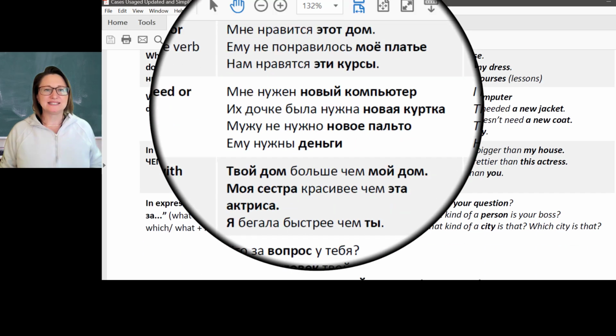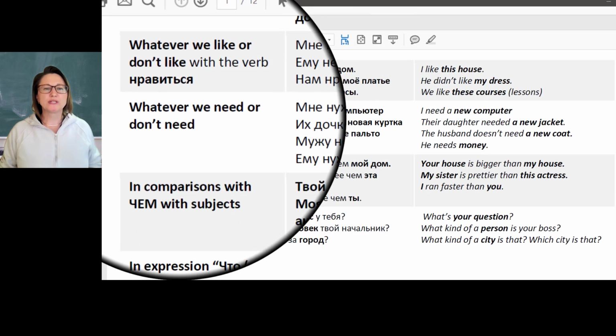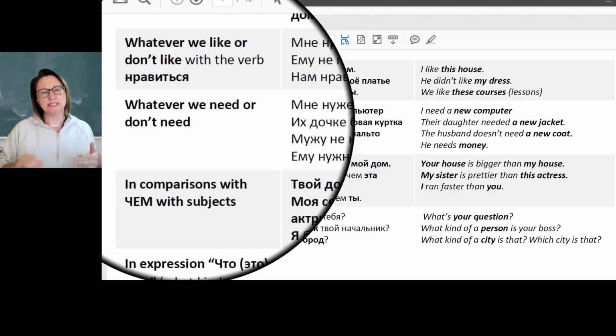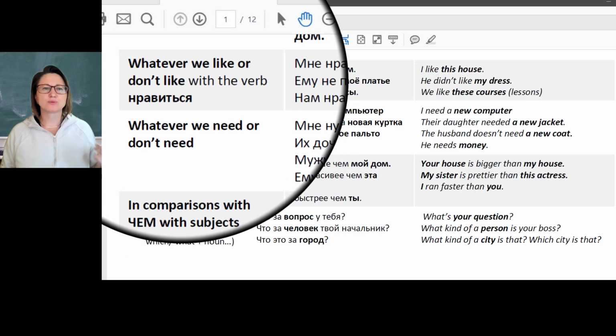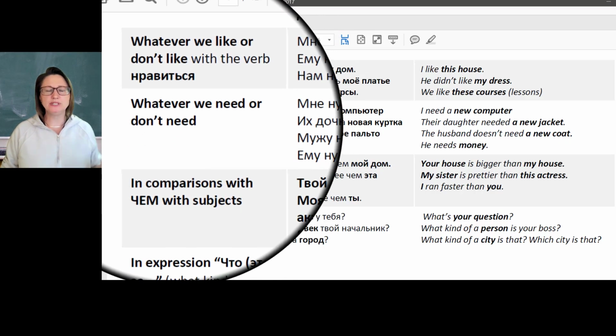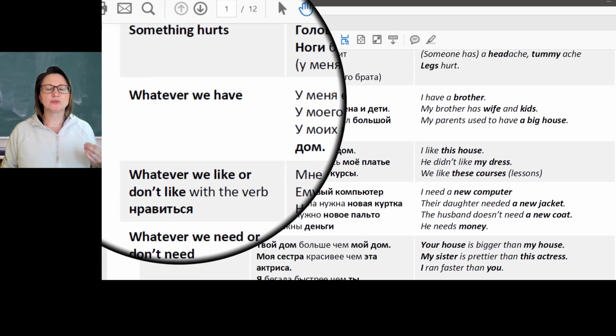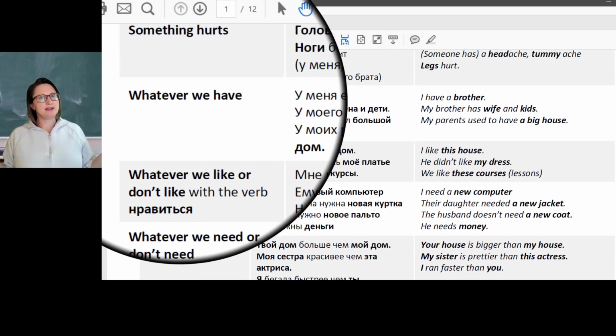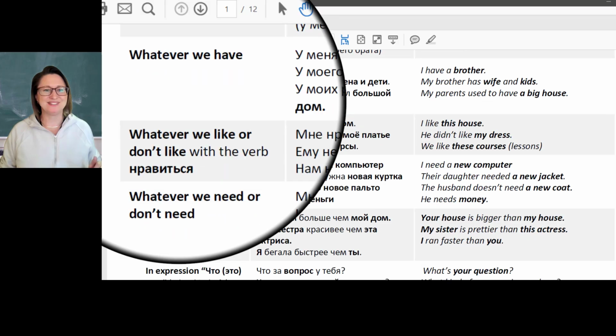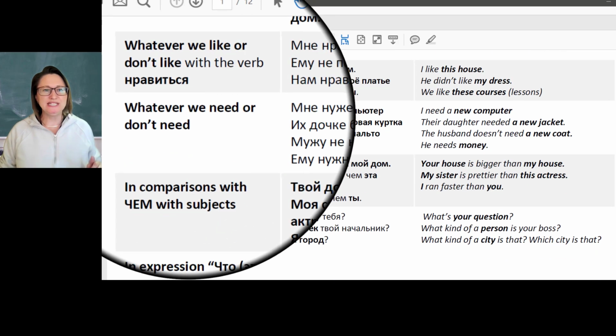Then the next context is whatever we need or don't need. See how I said here, whatever we like or don't like, whatever we need or don't need. But with whatever we have, I just said whatever we have, because whatever we don't have is not going to be nominative, but you will find out about it in my next video. Okay, let's go back to needing something.